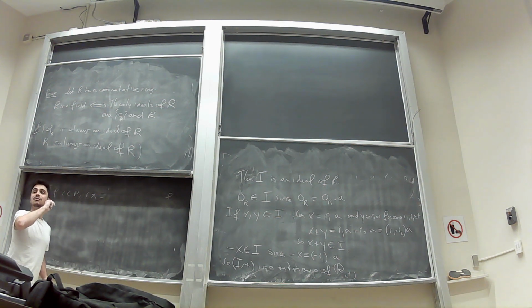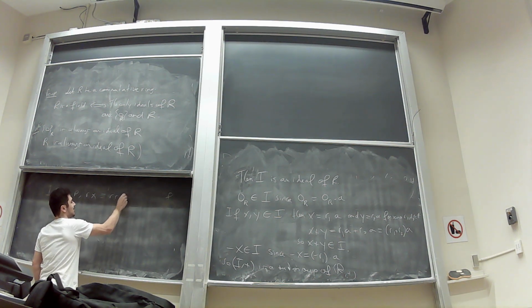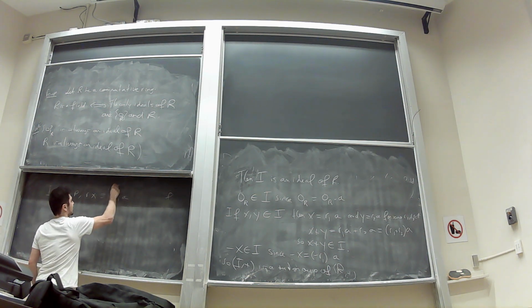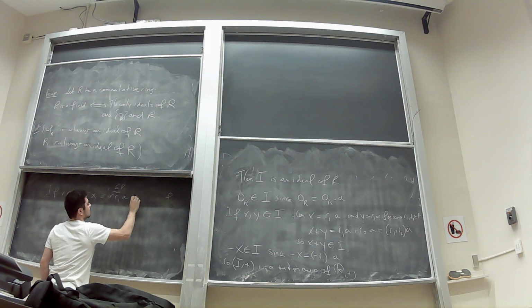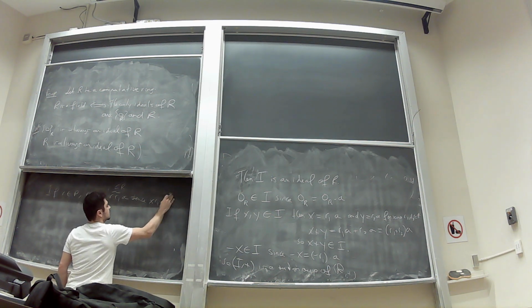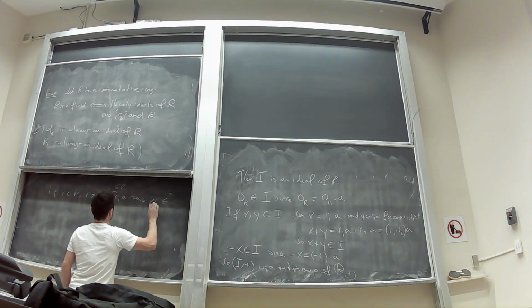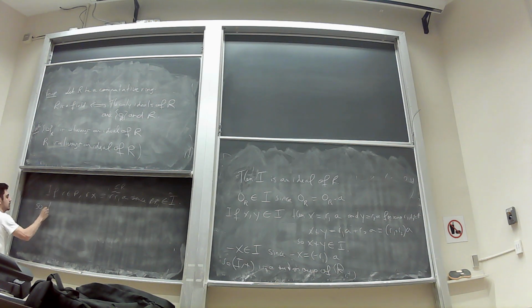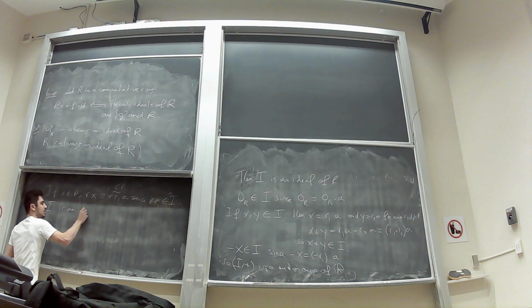As r times r1 times A, and then r r1 belongs to R. Hence rx belongs to I. So I is an ideal. We will call this ideal a particular name, but I is an ideal.